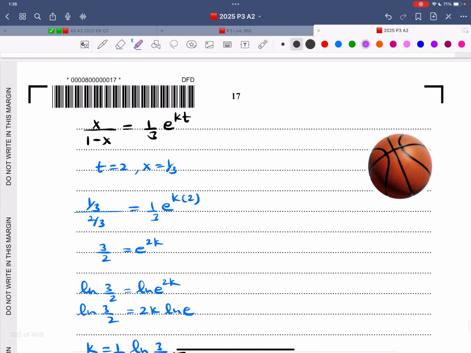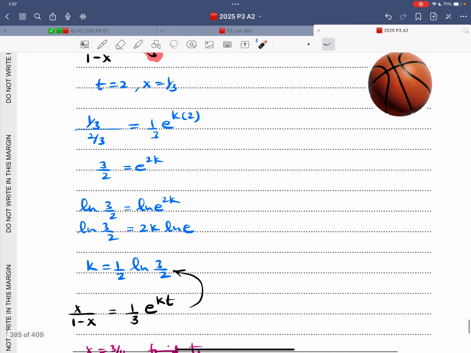Rewrite the equation again. So we found the value of A, that is 1/3. Now the second condition. t is 2, x is 1/3. So this is 1/3, 1 minus 1/3 is 2/3. 1/3 over 2/3 is half, and this is 1 over 3 over here. After simplification, this becomes 3 over 2. So now plug in t as 2, and then e raised to the power of 2k is 3 over 2.